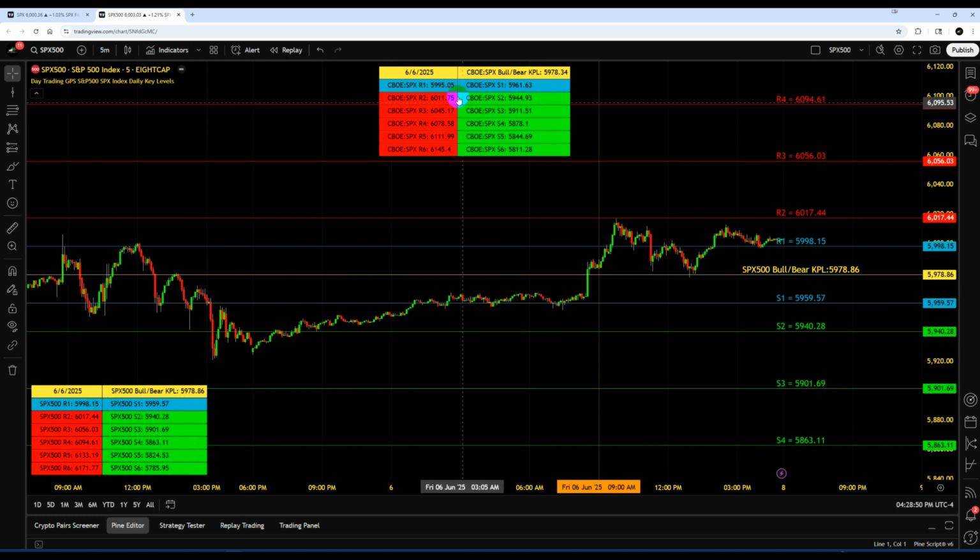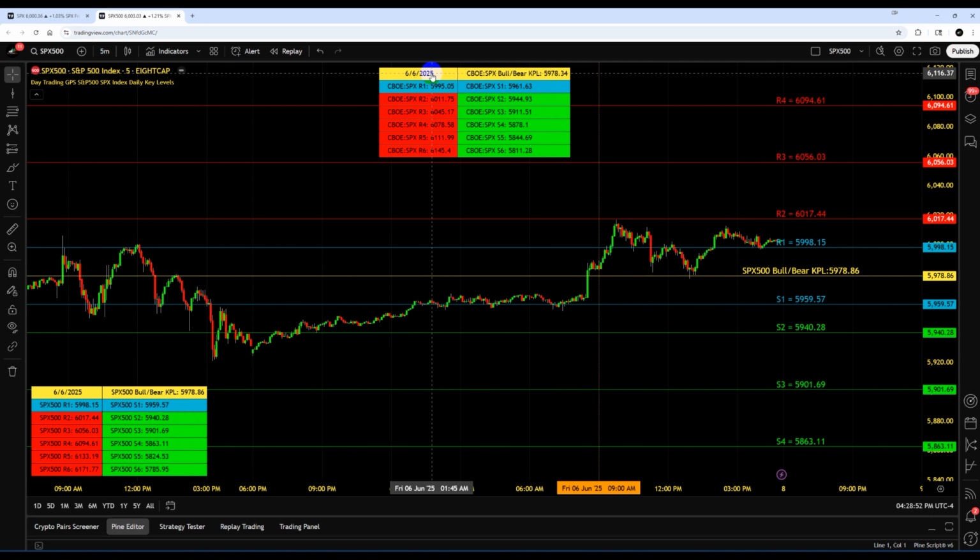However, you also get a second table here at 9 a.m. Eastern, 30 minutes before the CBOE SPX index open, which gives you a preview of what the SPX main index levels are going to be for that day's session, and that can give you some time to sort of map out a plan depending on what type of option trader you are.